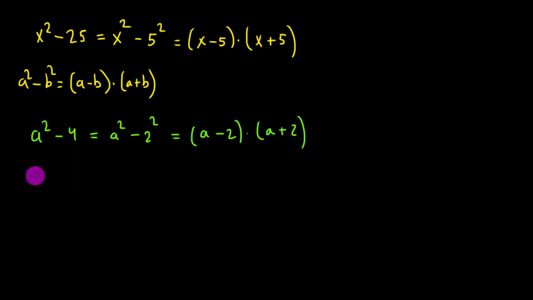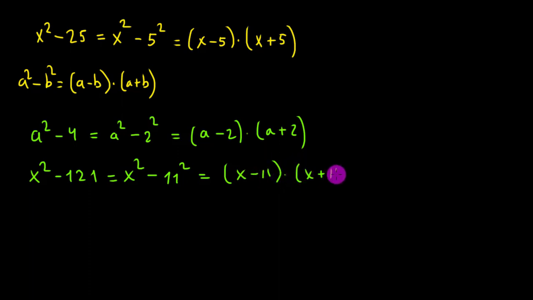Third one, x squared minus 121. Yeah, this is x squared. 121, if you may know, is the square of 11. So you can write it as x minus 11 times x plus 11. Okay.